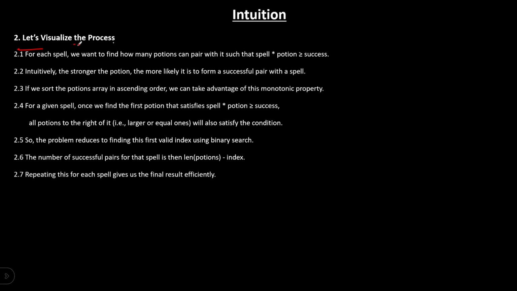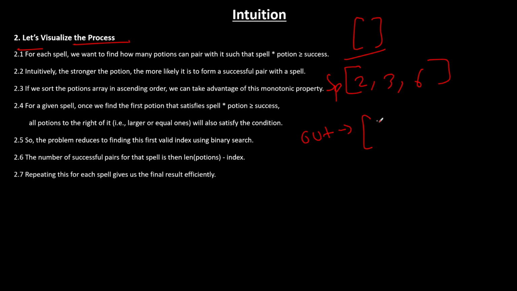So let's visualize the process. First and foremost thing, we have to store the count of the pairs, right? For that, we need an empty array or list. This is it. Now, in the spell, this is a spell array. Suppose it is 2, 3, 6, okay, and let this be the output array where we will store the count. Suppose it is 1, 0, 4. Okay, so this count has to be matched with this spell.